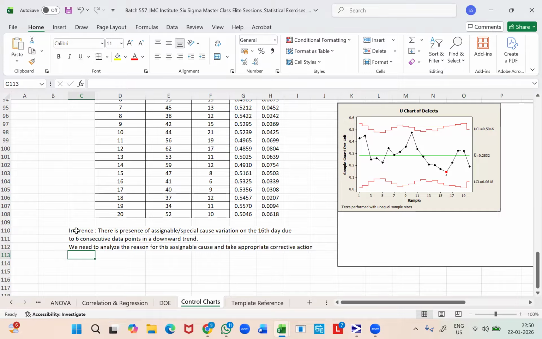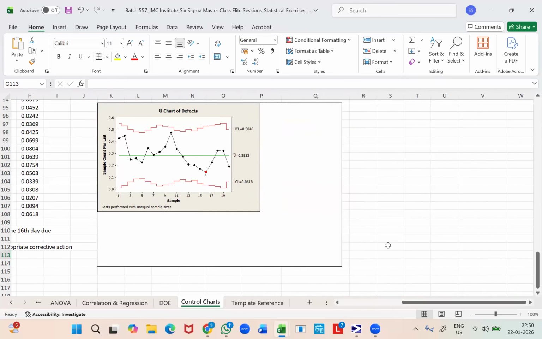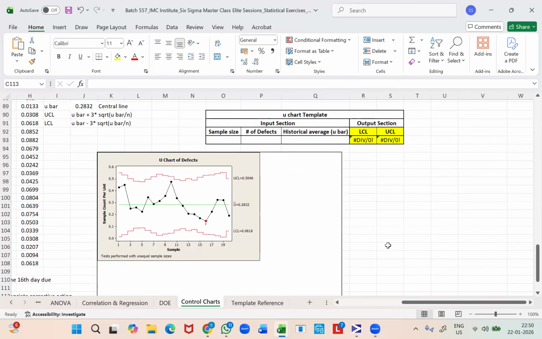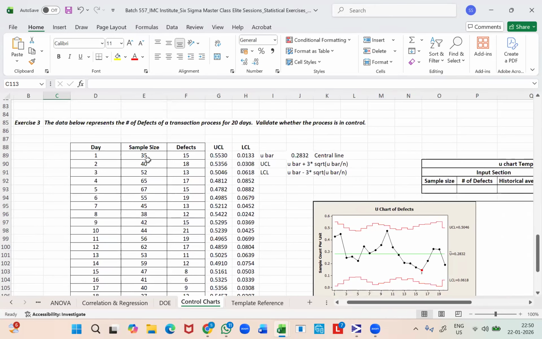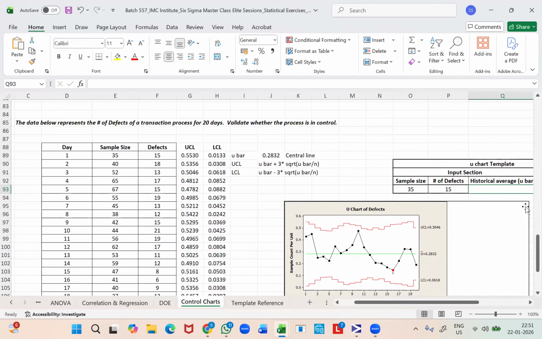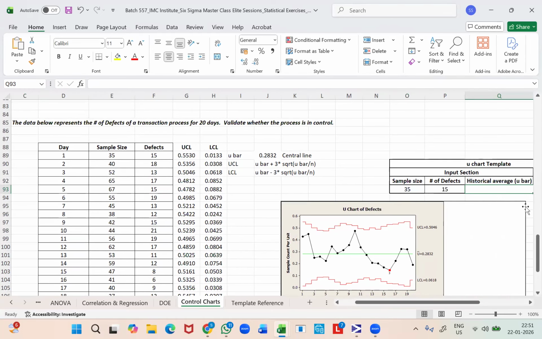But in the assessment, you will not be asked to create any control chart, but you will be asked to calculate the control limits for a U chart scenario. So I've given the template here for calculating the control limits for a U chart scenario, right? You can just provide the input values and then get the control limits. Let us pick the first day data points. Sample size is 35, the number of defects is 15, and the historical average, that is the U bar value, is 0.2832.